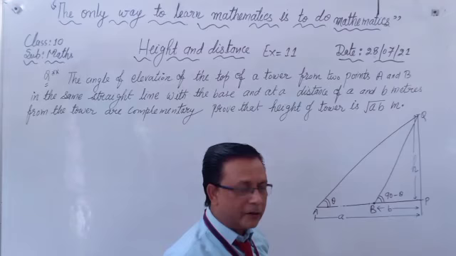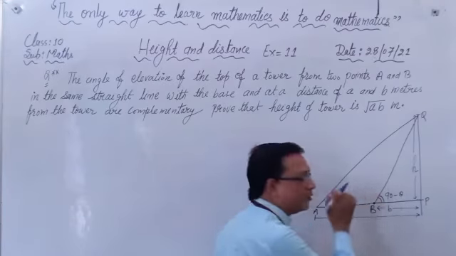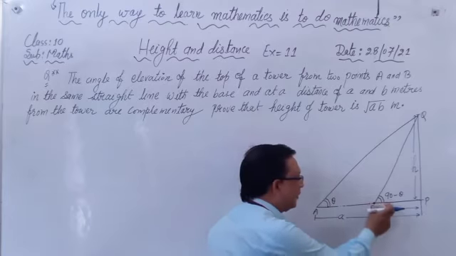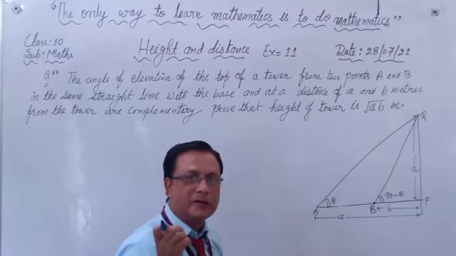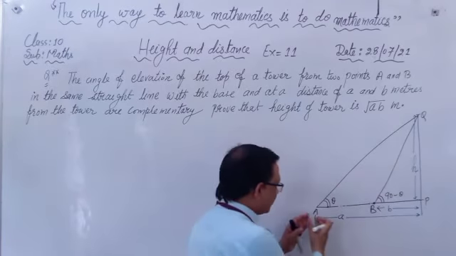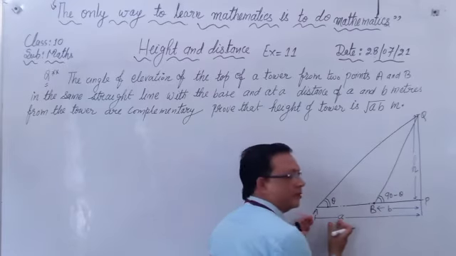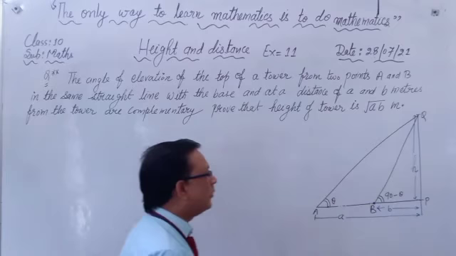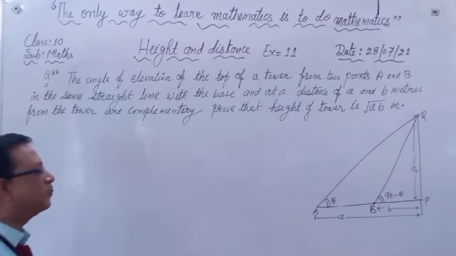Complementary means the sum of these two angles is 90 degrees. If we take this angle theta, then this angle will be 90 minus theta. The distance of point A is A meter and the distance of point B is B meter. So let us try to solve this problem.